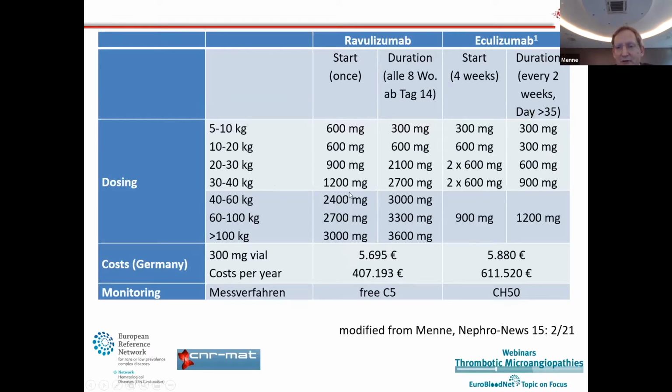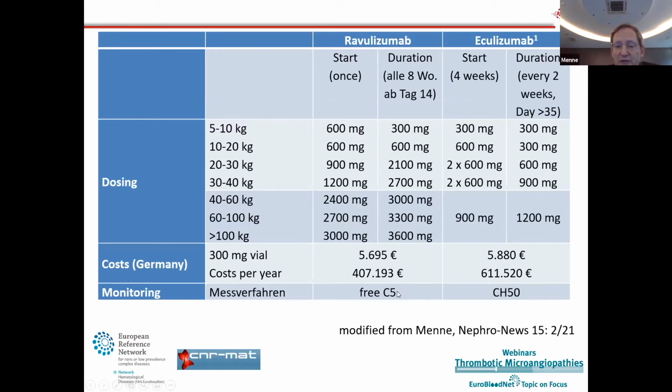What is also important, eculizumab you can monitor very nicely and very easily. You just have to measure CH50. CH50 does not work perfectly in Ravulizumab. It works in about 80% of patients, but in some patients you will get unreliable results. So you really cannot measure if your system is completely suppressed.